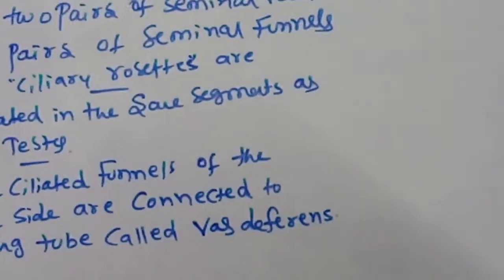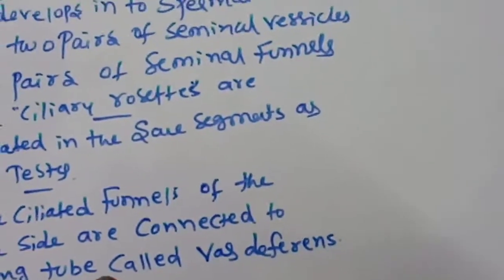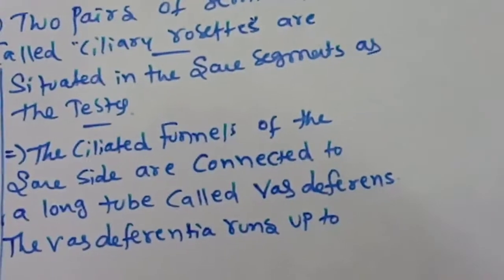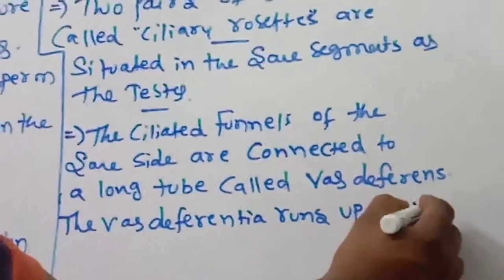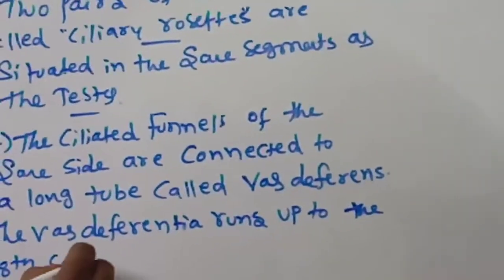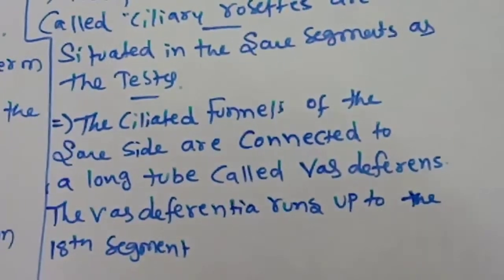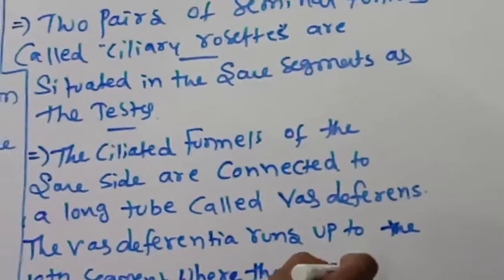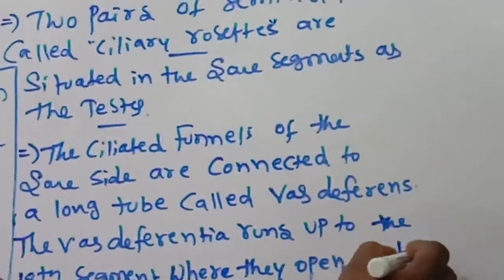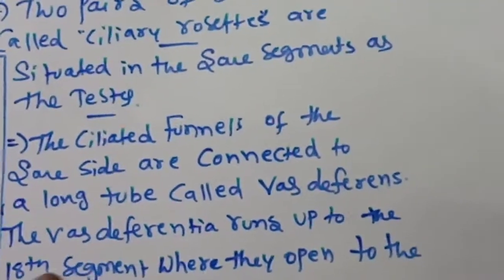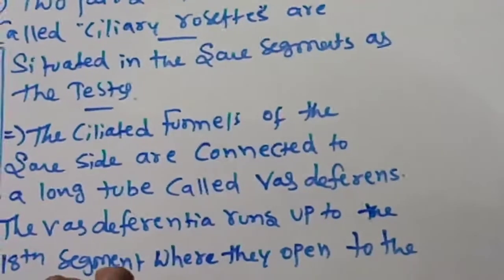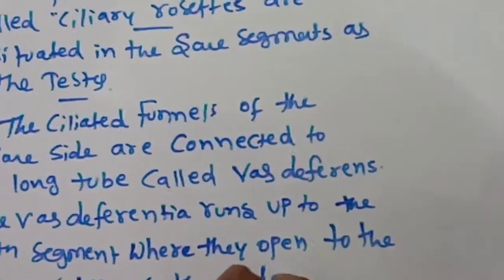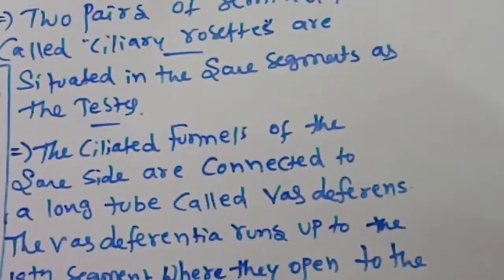The vas deferens runs up to the 18th segment, where they open to the exterior through the male genital aperture.